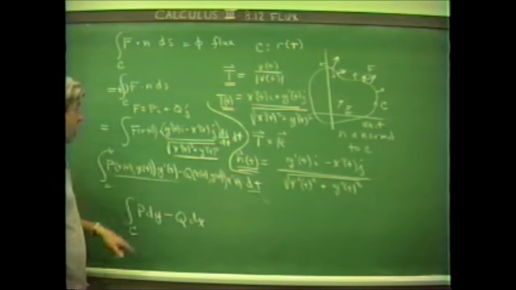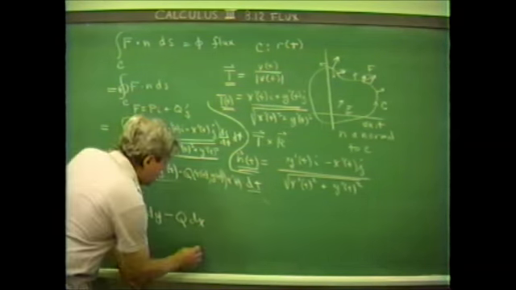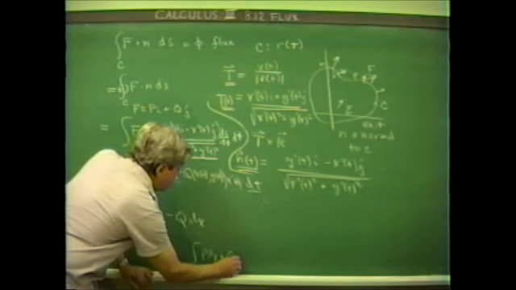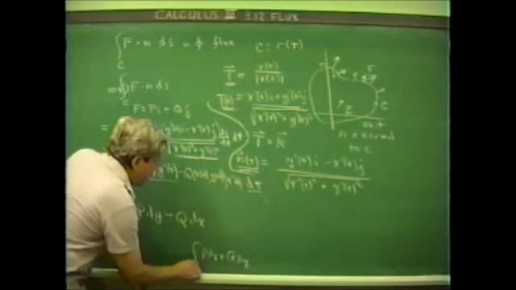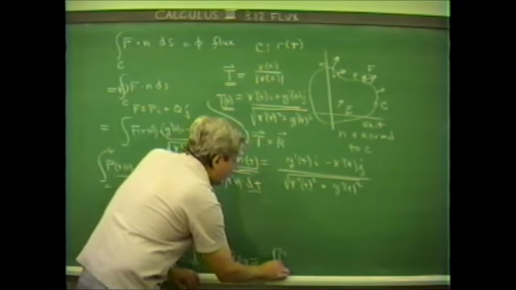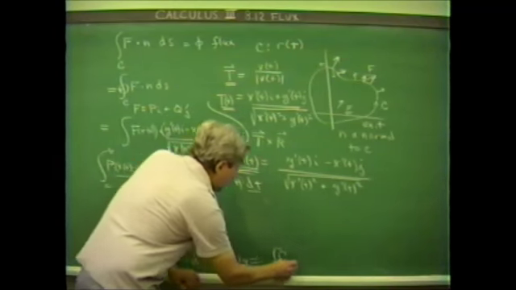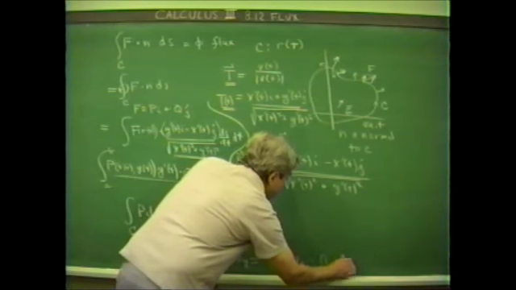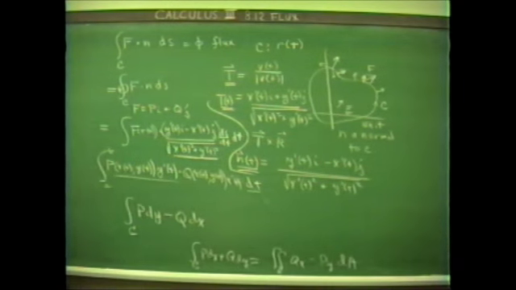This looks suspiciously like Green's theorem. Green's theorem says that the integral of p dx plus q dy around C is equal to the double integral over the region B of the partial of q with respect to x minus the partial of p with respect to y. The double integral is with respect to area.